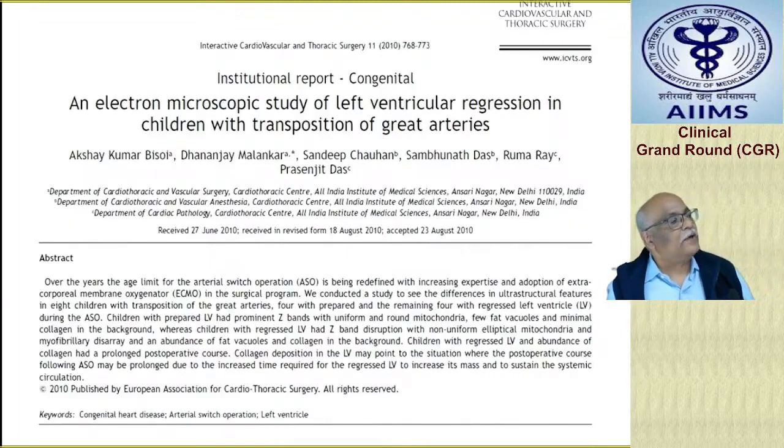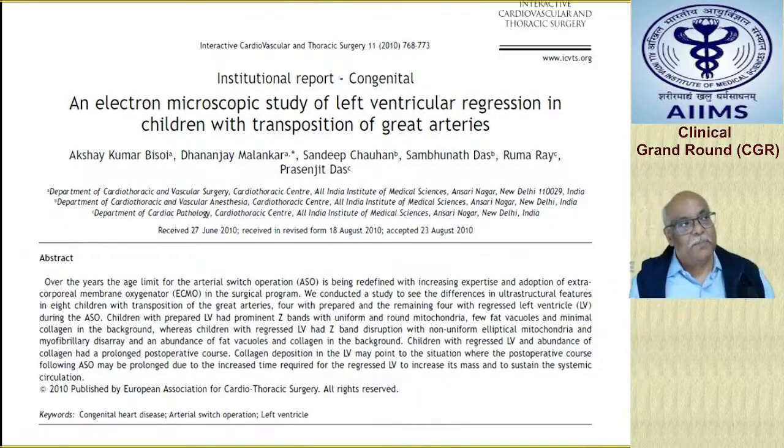Then we went back to basic subcellular analysis. So we went for light microscope and also electron microscope study. On the light microscope study, we demonstrated there wasn't much difference between the regressed ventricle and the preserved ventricle. Of course, there are focal interstitial fibrosis and perivascular fibrosis, but there is evidence on both the regressed and preserved ventricle of cardiomyocyte hypertrophy.